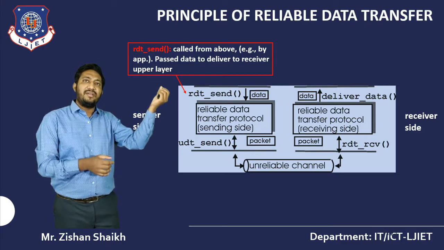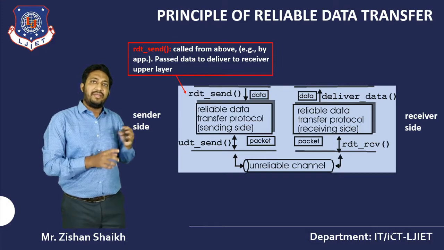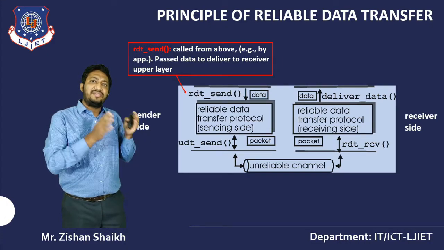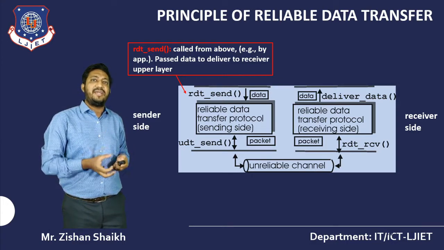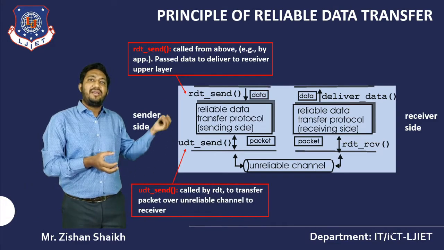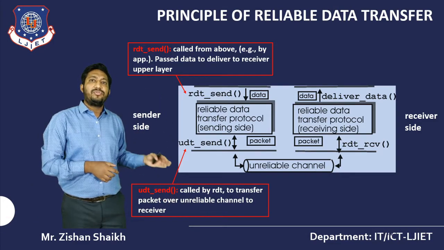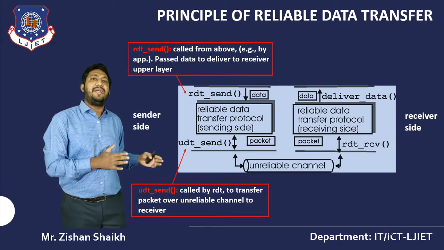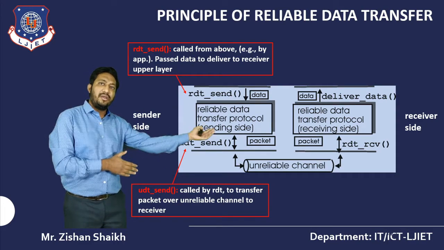The application layer data is fetched by the rdt_send method, the reliable data transfer protocol on the sending side. Now the data is processed by the rdt_send process and sent to our unreliable channel using the udt_send method. It is called by RDT to transfer the packet over the unreliable channel to the receiver.